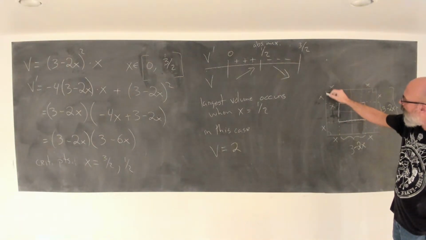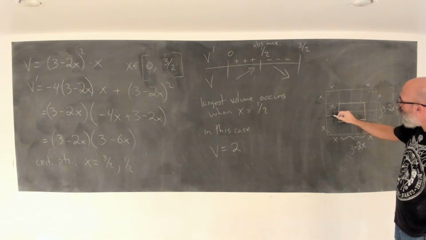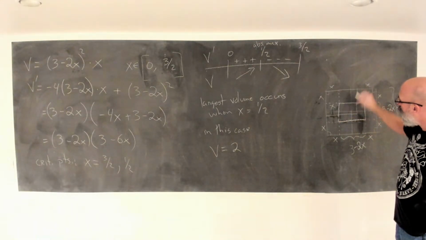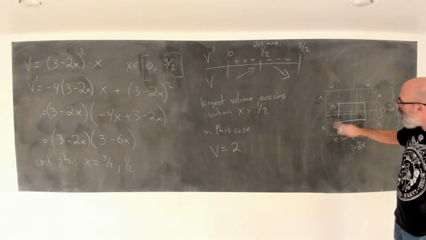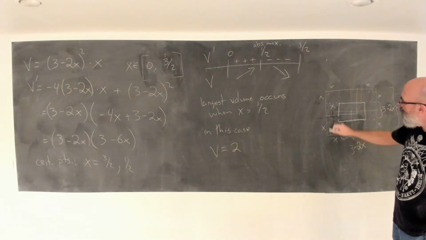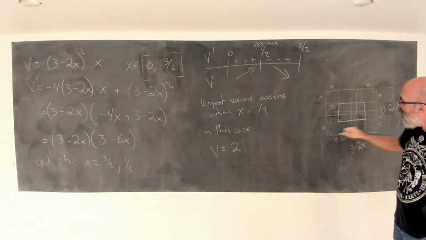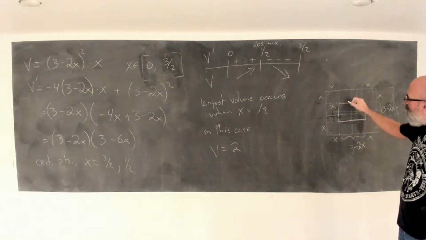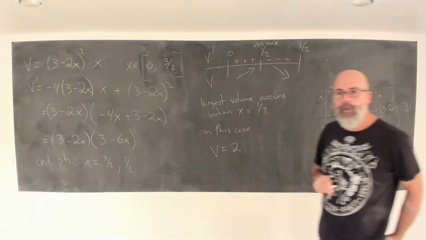So if you take a square which is bigger than 1.5, you're going to already overstep onto the other half of the sheet, so you won't even be able to cut out a square of the same size as the original.